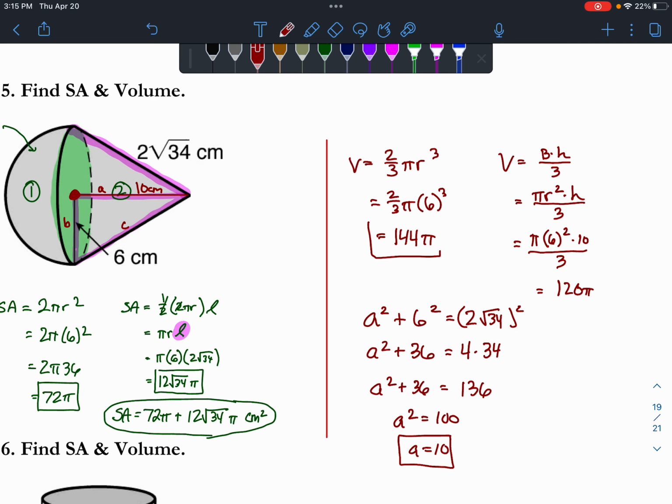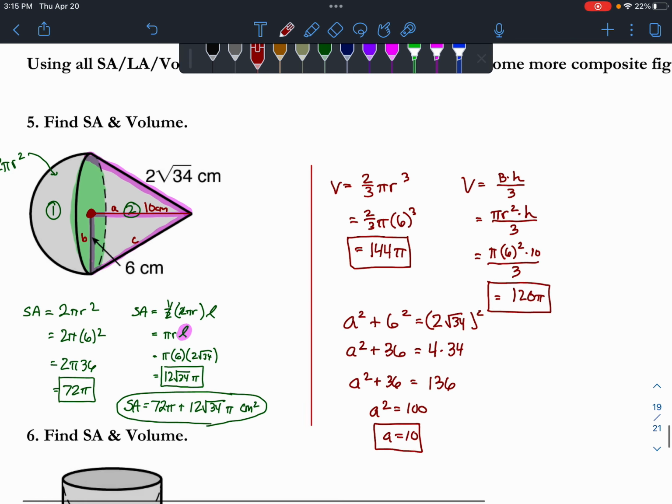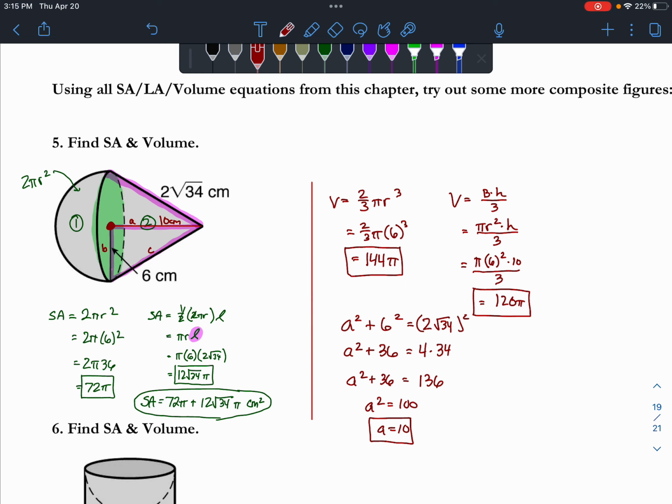These are the two values that we have to add together, the hemisphere and the cone. If I find out my final answer, the volume is just 144 pi plus 120 pi. That gives me 264 pi. Be careful with units. We have cubic units simply because we are in 3-dimensional space at this point.